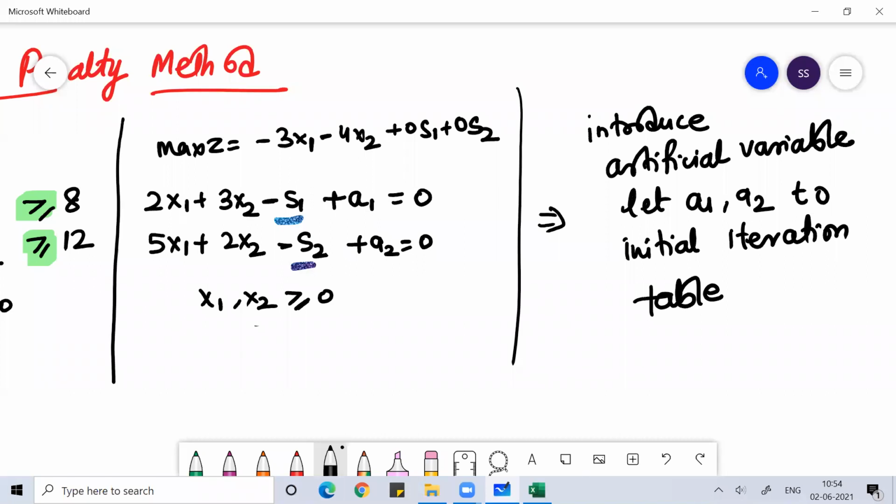Because I cannot use a negative slack variable to solve this kind of problem, I am left with only one option: to introduce another variable, which I call an artificial variable, so that it can help me get the answer for the problem.